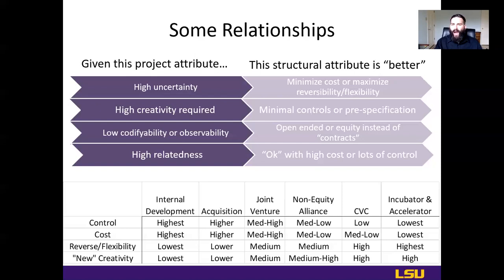When I end up doing internal development, meaning I just do it all by myself, I have the highest control because I'm the only one that's participating. I own everything. But because I'm doing everything, the cost is actually the highest too. Because I'm doing it all with my own people, with my own structures, with my own processes, my ability to get out of it easily is low.